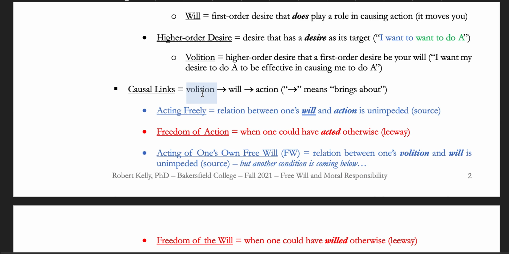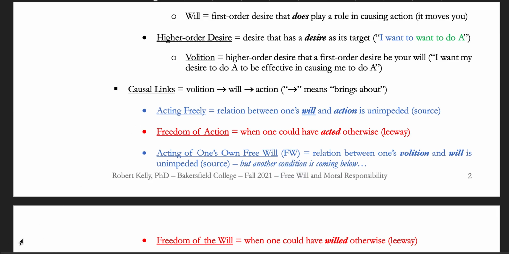And when that volition can actually bring about the desire to quit smoking and can help bring it about in being effective, that connection right there is acting of one's own free will. Plus some identification, which we'll talk about below.